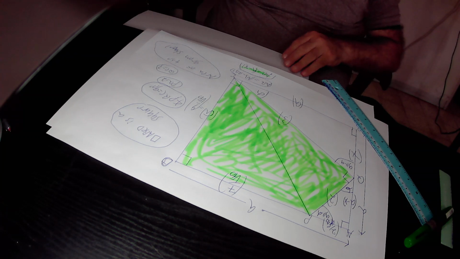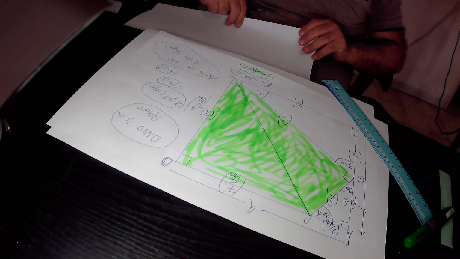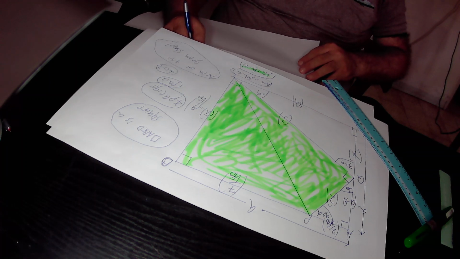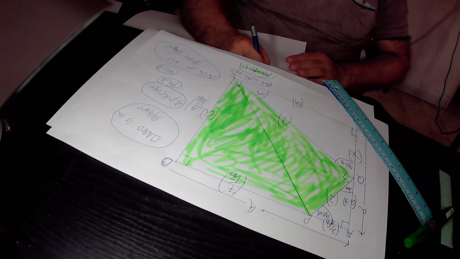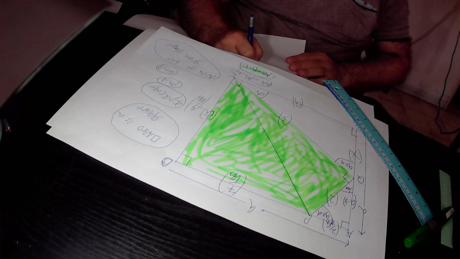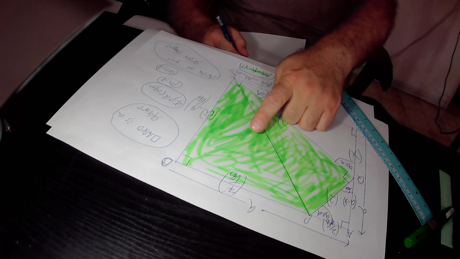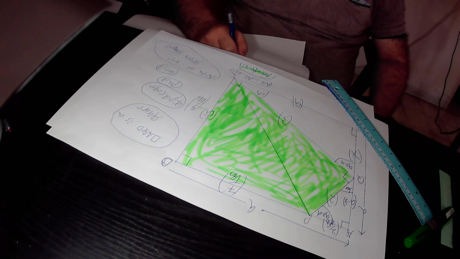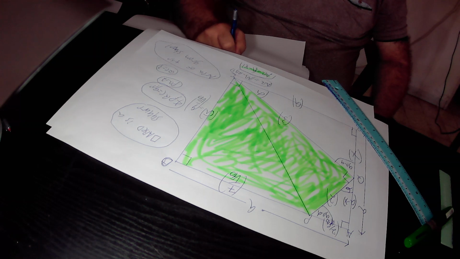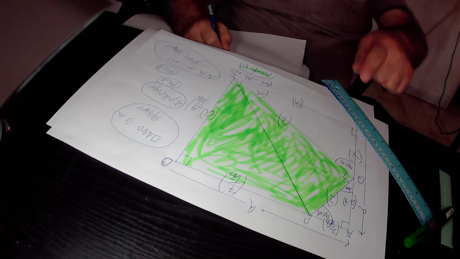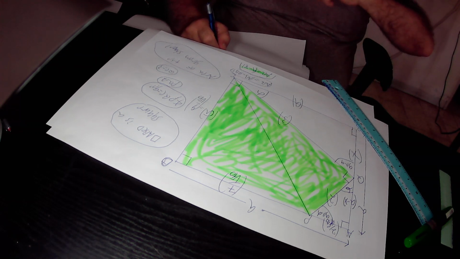Write it down. We should find out that the area of the green shape is equal to the area of this green right triangle PDC plus the area of this green right triangle PQC.